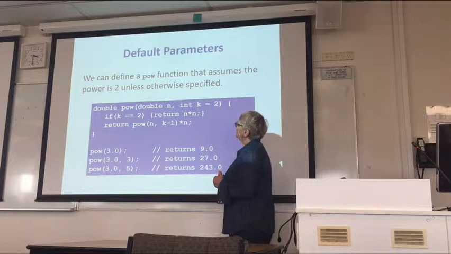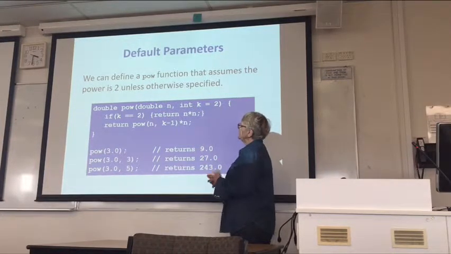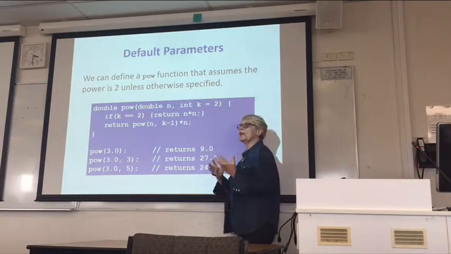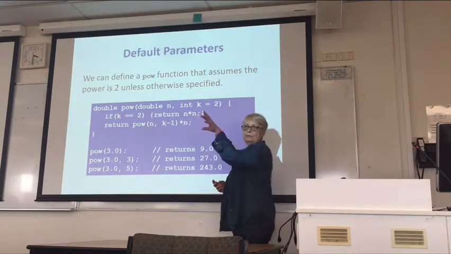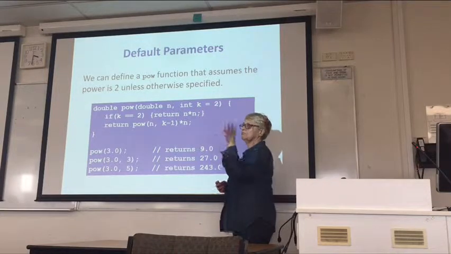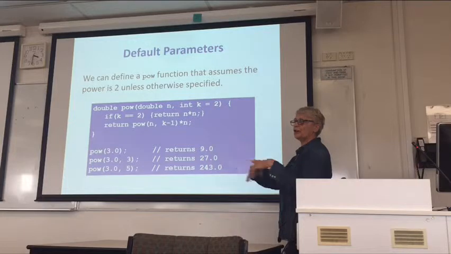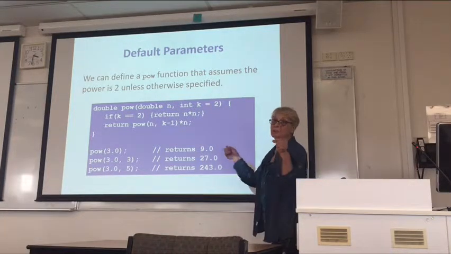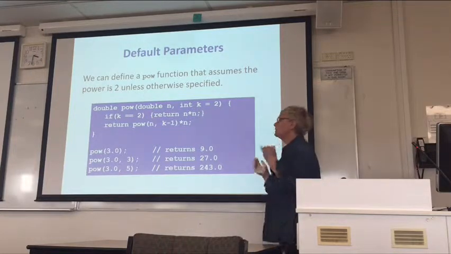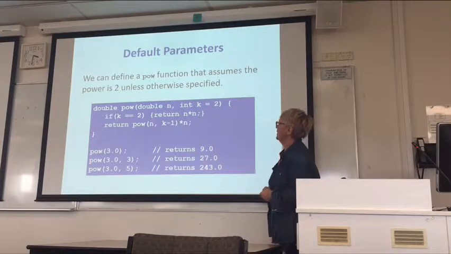In this example, we work with the power function, and we assume that in most cases that function is invoked for squares, a to power 2. This is the most used function for areas of rectangles of various shapes. You work with a square. For distances between points, you work with a square and then a square root and stuff like that.